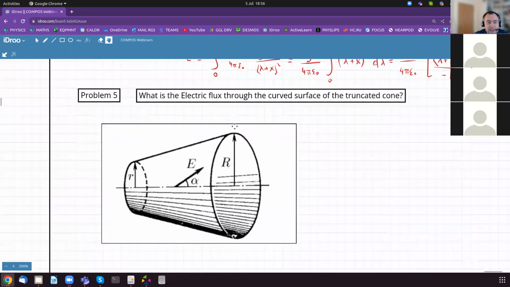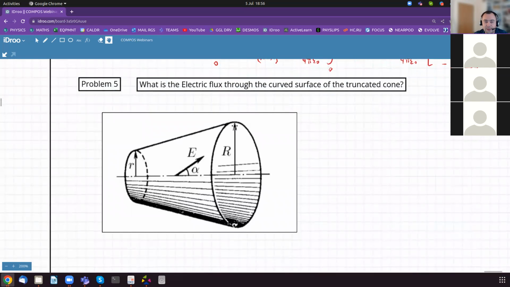And it says, what is the electric flux through the curved surface of the truncated cone? Basically, if you imagine the electric field like water which is seeping through. So imagine, I don't know, rain. I like to imagine rain. So it's raining and the rain goes in this direction.